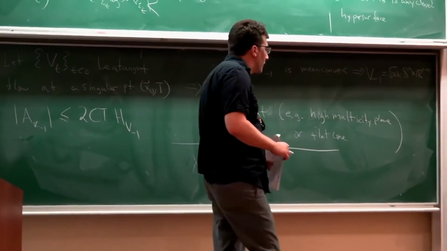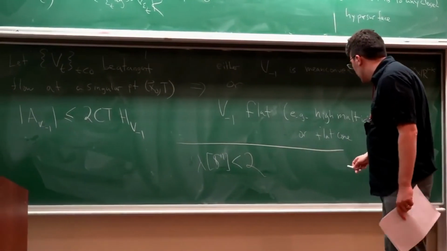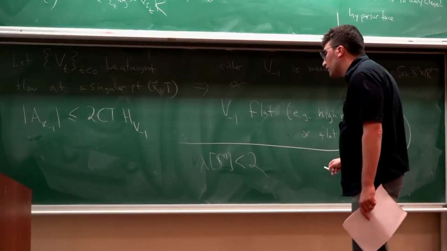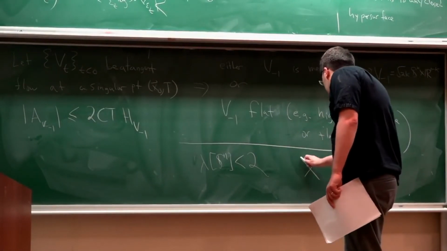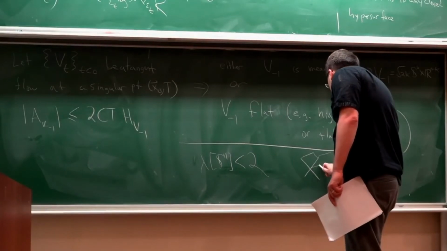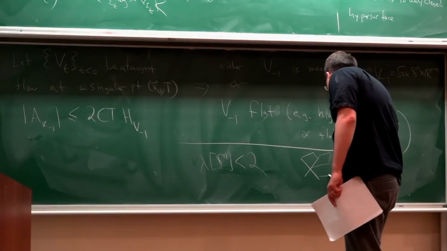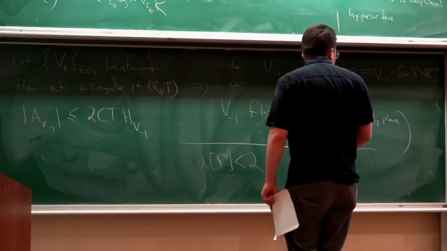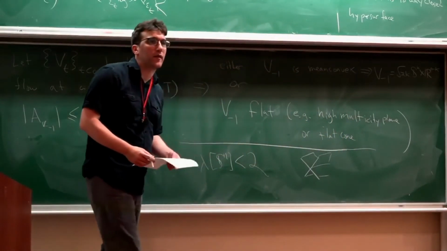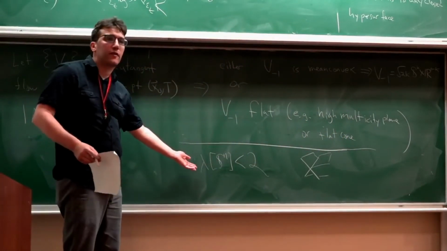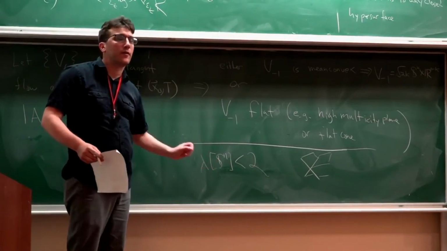And then the flat cone would be something like two planes that intersect at some angle, for instance. That would be an example. But that also has density at most 2. So you also have the theorem in that case.